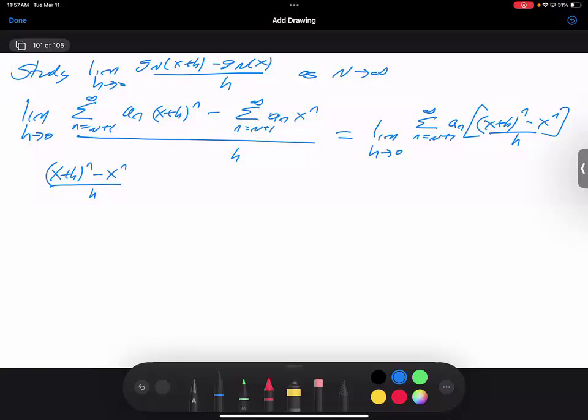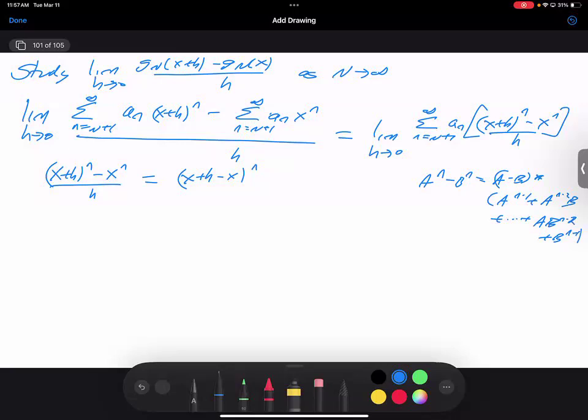It's h. You just factor. You can factor this. So this is the same as x plus h minus x to the n. So we're looking at a to the n minus b to the n is a minus b times, I think it's a to the n minus 1 plus a to the n minus 2 b plus dot dot dot plus a b to the n minus 2 plus b to the n minus 1.